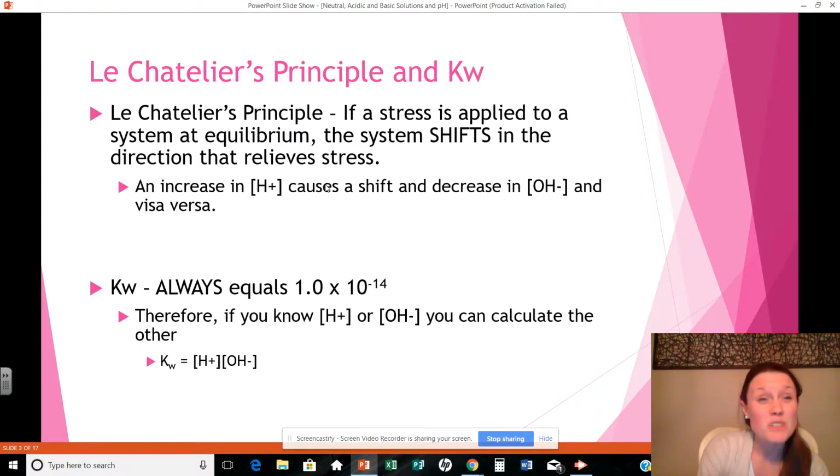We talked about what happens if the concentration of those two ions change. So if you change the concentration of one ion, it will do the inverse change of the concentration of the other ion. So if we increase hydrogen, it will decrease hydroxide. If we increase hydroxide, it will decrease our hydrogen concentrations. That's how Le Chatelier's principle relates to our conversation about acids and bases.